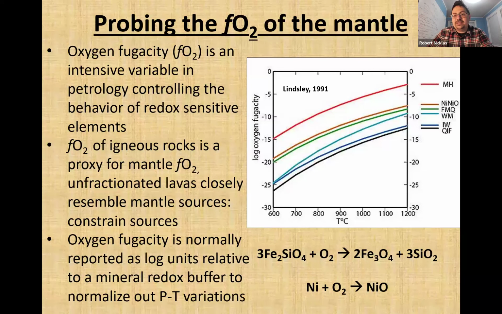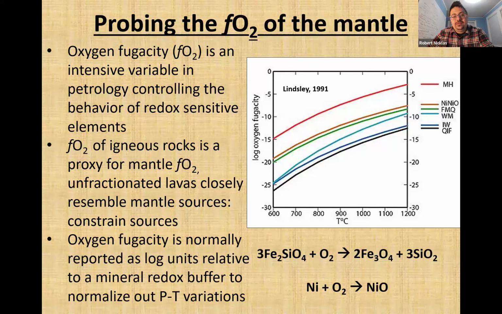The number one redox-sensitive element is iron, but lots of important elements have different valence states at different oxygen fugacities within terrestrial igneous systems. They include vanadium, chromium, molybdenum, many more, and also things such as hydrogen, sulfur, and carbon, which are important because they degas. And different degassing processes are very strongly dependent on oxygen fugacity.